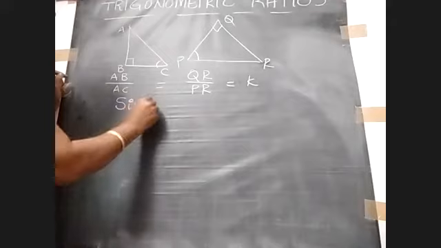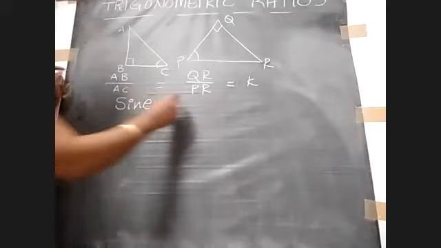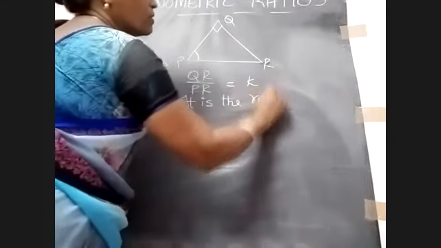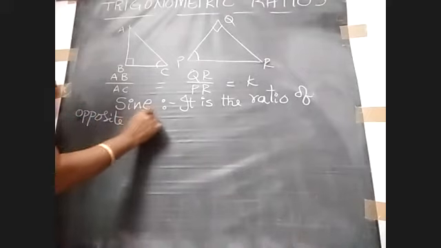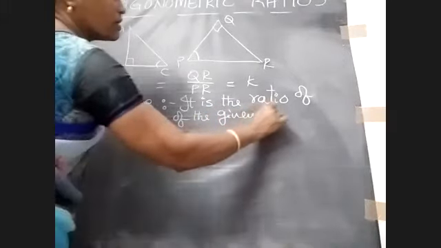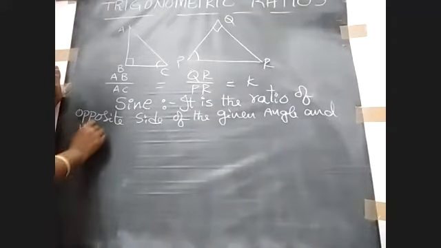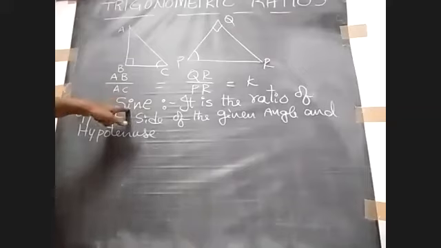Okay. So what is sine? How can we define the sine of a given triangle? It is nothing but the ratio of the opposite side of the given angle and the hypotenuse. It is called sine.